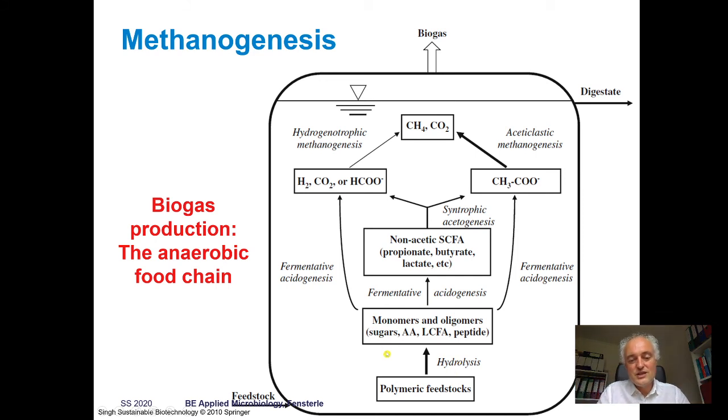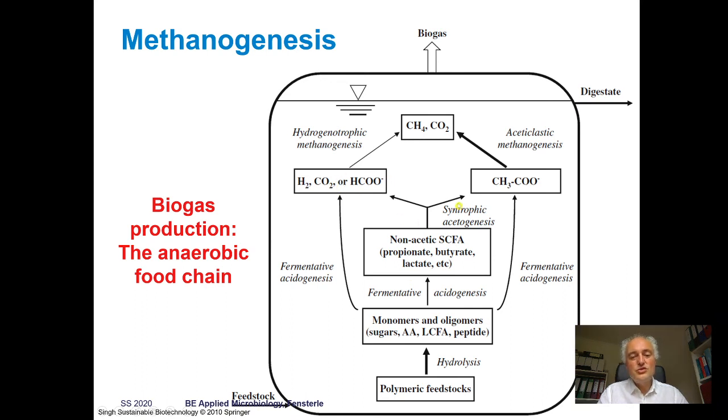The first is a hydrolysis step. Then you have a fermentation, and you produce small chain fatty acids like propionate, butyrate, lactate, and so on. Then you either produce acetate directly from your monomers, or you produce acetate and hydrogen from these substances.